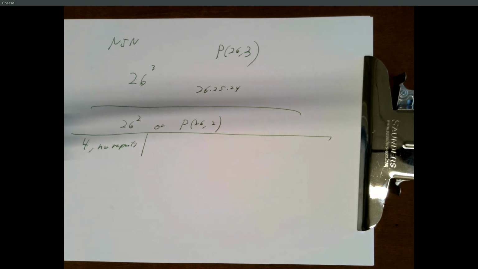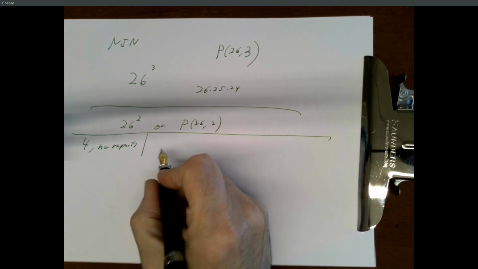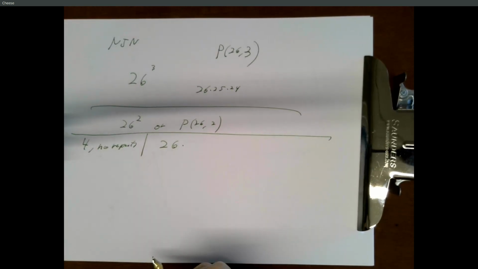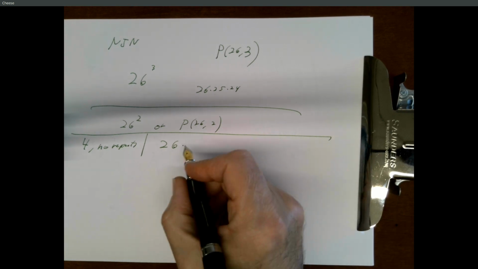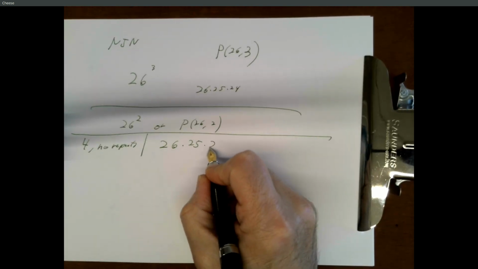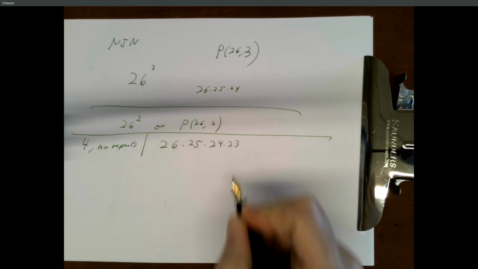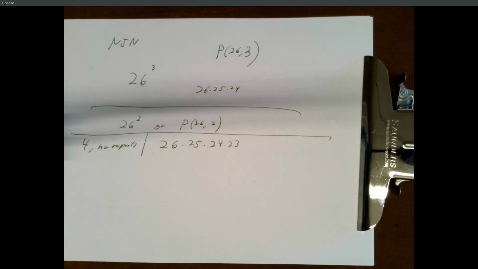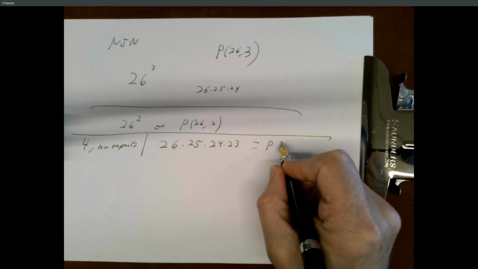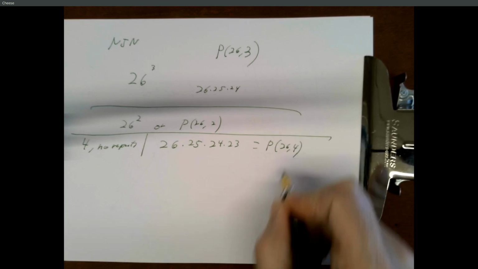So pick the first letter, 26 ways to do that. Pick the second letter, it can't be the same as the first, so you only have 25 options. Pick the third letter, pick the fourth letter. So that's repeats not allowed, which is just 26 comma 4.